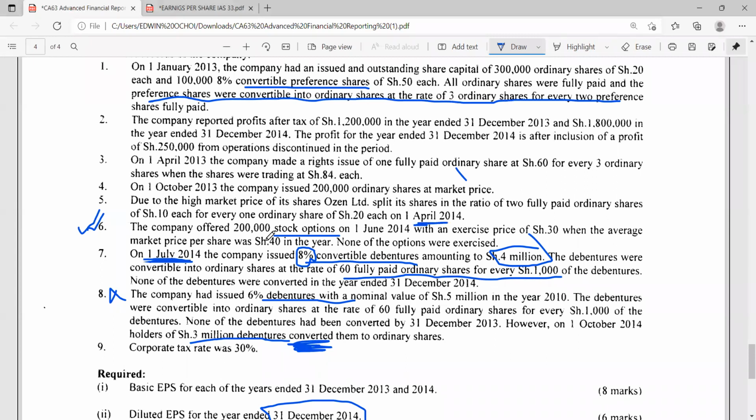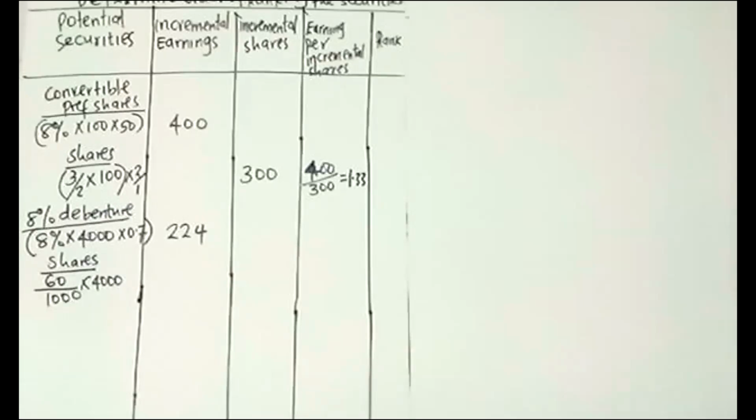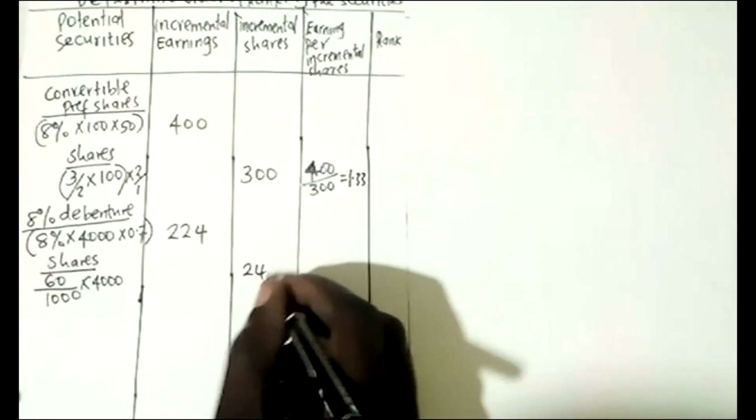Anything coming after the split, it has already been split. We don't have to split. So 60 divided by 1,000 times 4,000. So I'm getting 240.